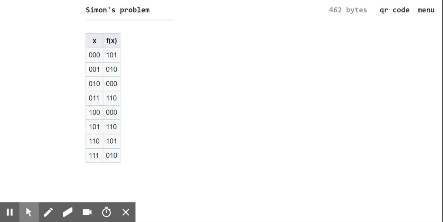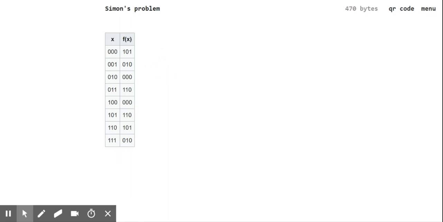And then on the input side you get a superposition of the possible inputs, right? So for example, if you measure 101, then you would get something like this, and then 101 plus 101, right? So this is basically what you would get.